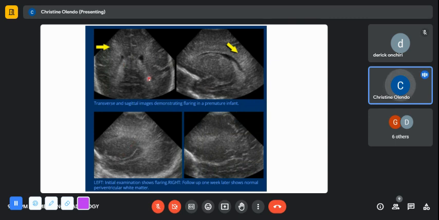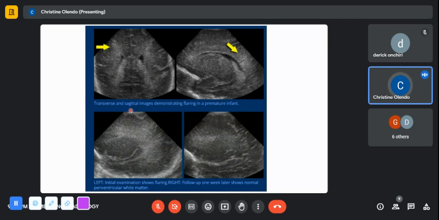Now here we have the coronal and the parasagittal images, which we are seeing flaring. We're seeing the increased periventricular echogenicity at the occipital region, and we have the nodes there.